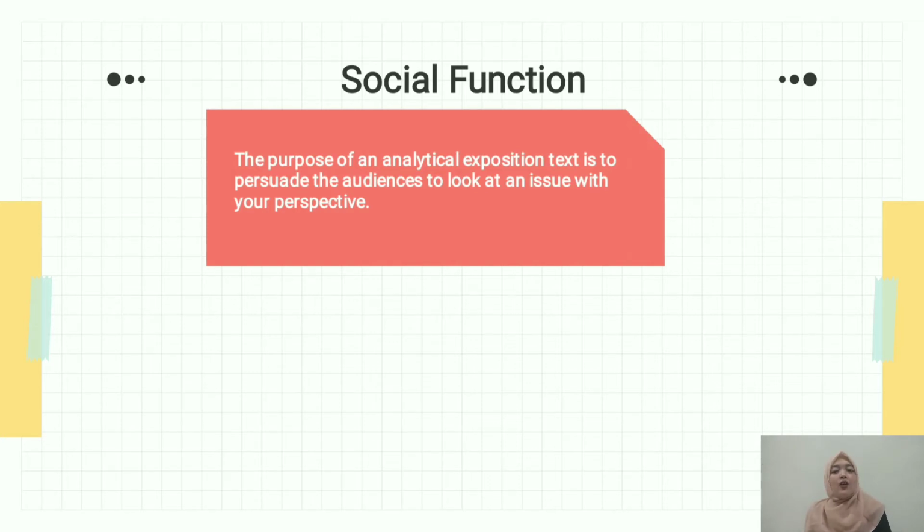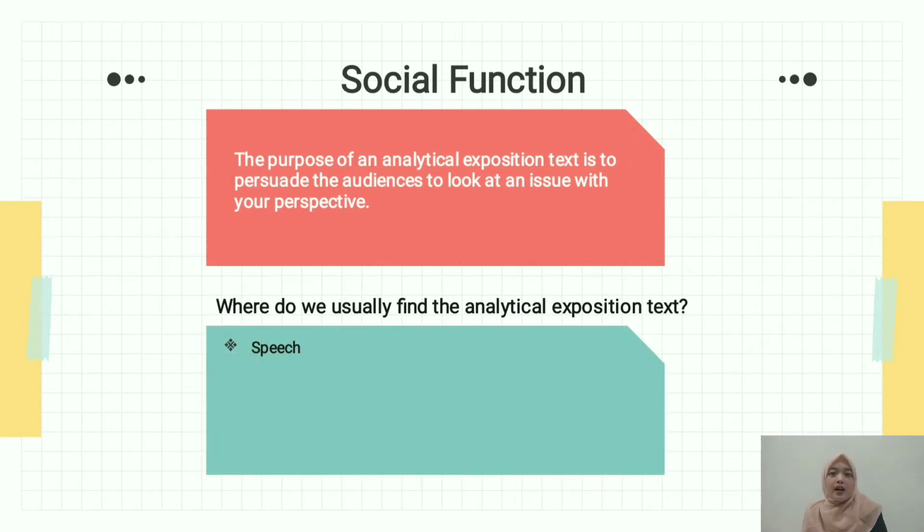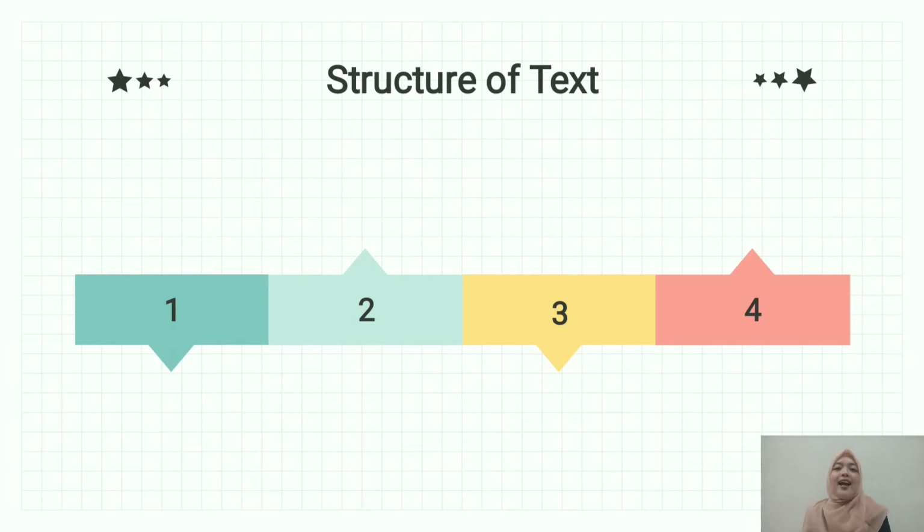Okay? Where do we usually find the analytical exposition text? We usually find it in speech, newspaper article, essay, political leaflets, and letter. Next, every text has structure, right?